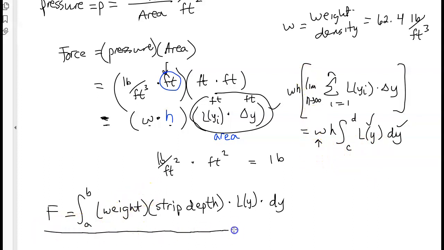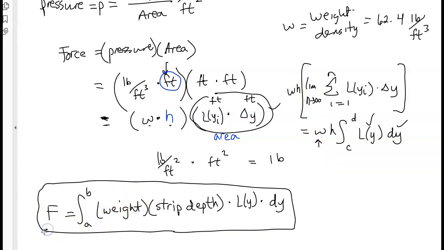In general, we keep it like this because the context of the thing we're trying to model fluid force on may be different, so it may not make sense to call this y value height, okay?